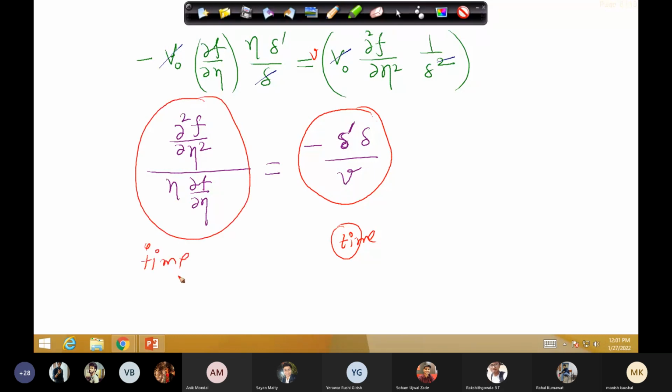And I am saying both quantities are equal when it is possible. So this is varying with both space and time, and the right hand side is not varying with space. It is only a function of time. When can these two things be equal?